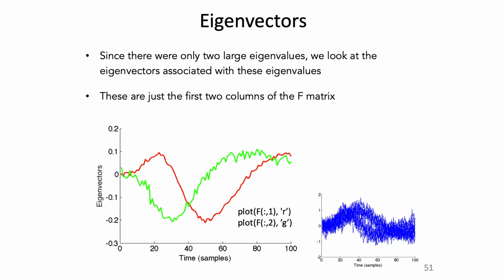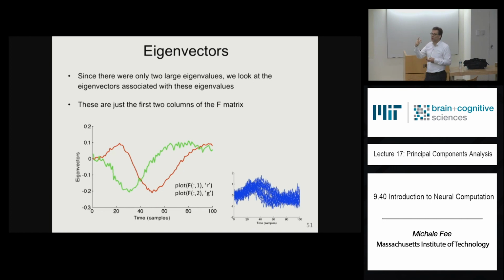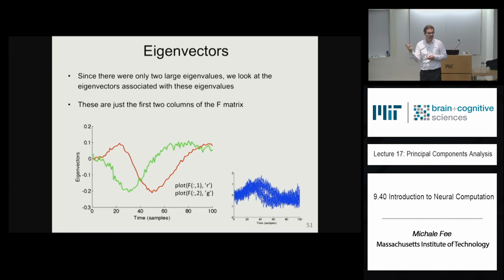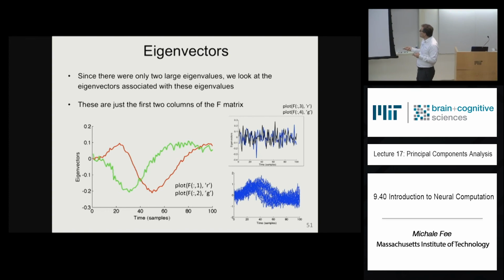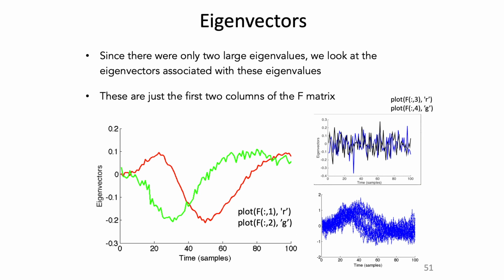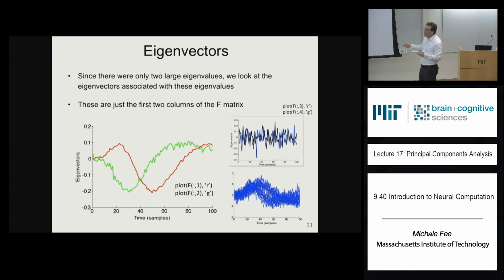The eigenvectors, the columns of the F matrix, are an orthogonal basis set, a new basis set. Okay? So those are the first 2 eigenvectors, and you can see that the signal lives in this low-dimensional space of these 2 eigenvectors. All the other eigenvectors are just noise.